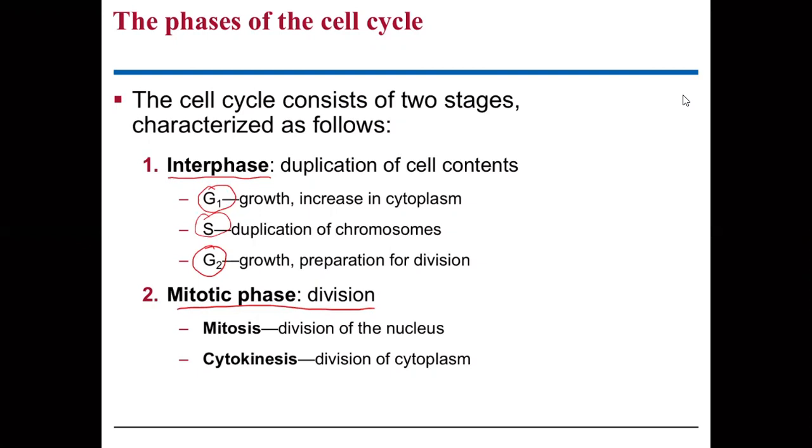So of course, you have the mitotic process, where the nucleus or the genetic material is divided and segregated to two new daughter cells. And then it will be capped off by cytokinesis, which is the division of the cytoplasm.